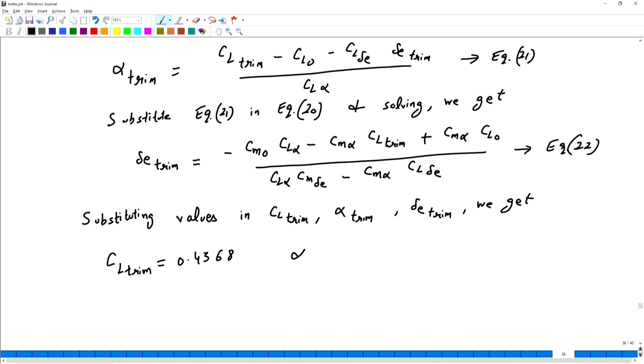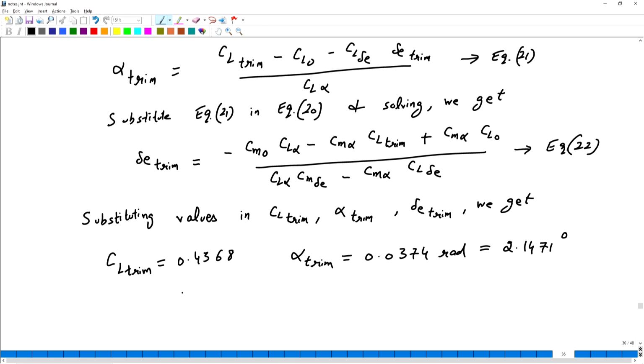Alpha trim, we get 0.0374 radians, which corresponds to approximately 2.1471 degrees.